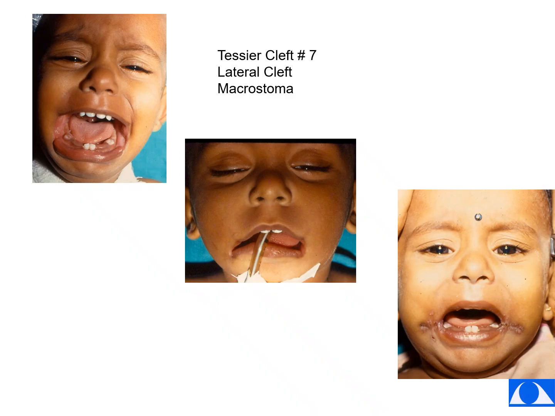Tessier cleft 7, lateral cleft and macrostoma corrected simultaneously.